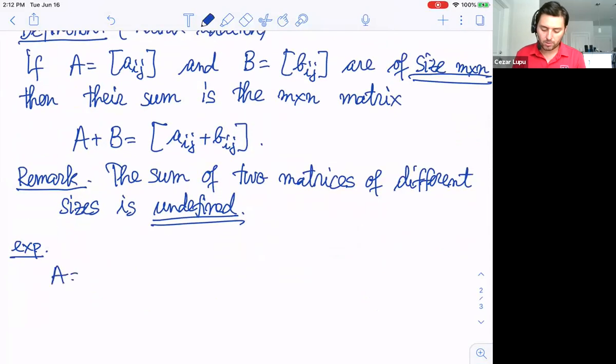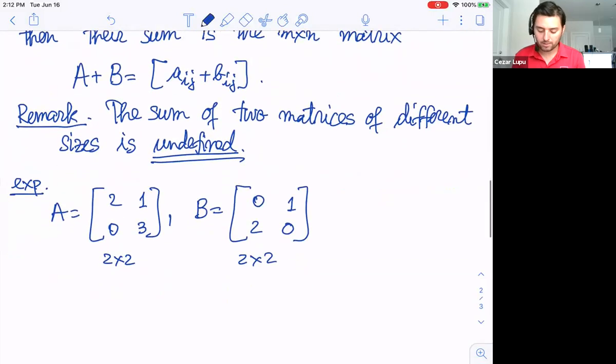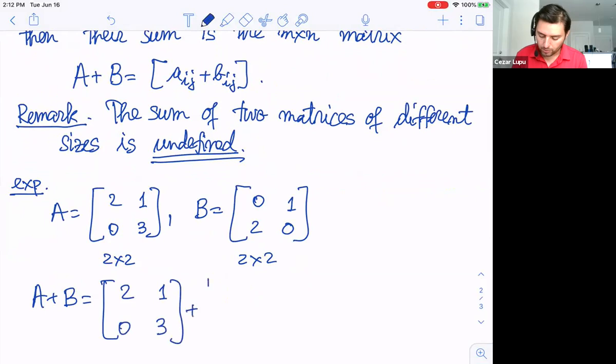If you add two matrices, let's say A is 2, 1, 0, 3, and B, of course I have to take another 2 by 2, is 0, 1, 2, 0. So as you can expect, A plus B will be nothing else than just, let's write them again so that you can see it clearly, we add these elements.